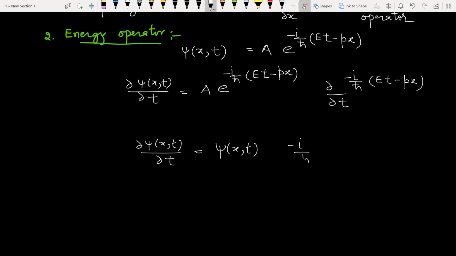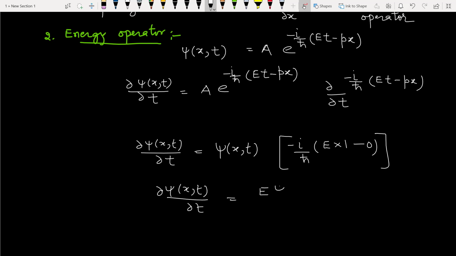So ∂ψ(x,t)/∂t is ψ(x,t) times minus iota by h cut, E into 1 minus 0. So ∂ψ/∂t is E ψ(x,t) times minus iota by h cut.